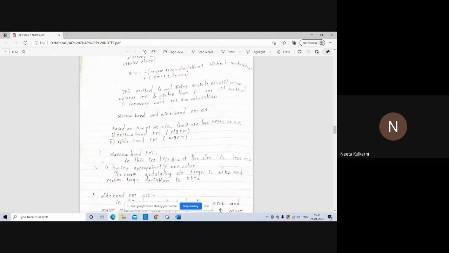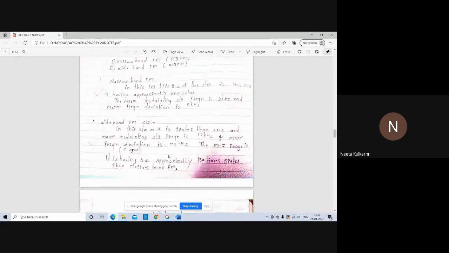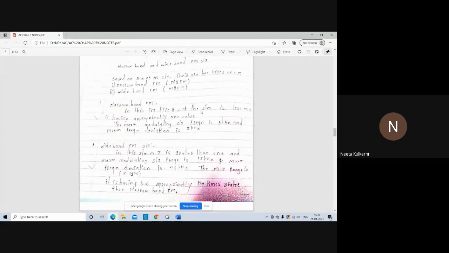Then we saw two types of FM, narrow band FM signal and wide band FM signal. At the output of the narrow band FM signal we get less bandwidth, and at the output of the wide band FM signal we get a wide range. So here the bandwidth of the system is less, the modulating signal frequency is low, the frequency deviation value is low, and modulation index is approximately 1.